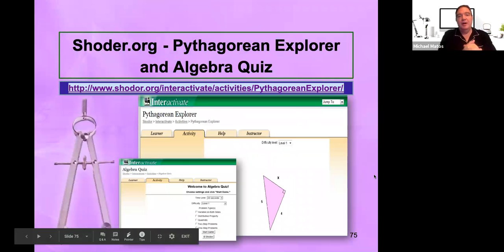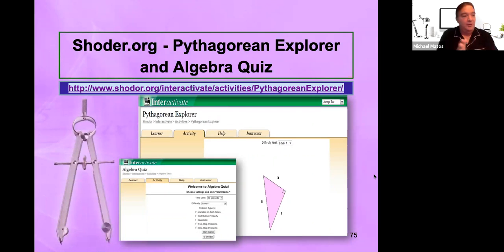Pythagorean Explorer, shodor.org. If you have not looked into shodor.org, great site. All of these activities you can do virtually online. You can do them with your students, or you can do them for your students as they respond, and all virtually, and all free.